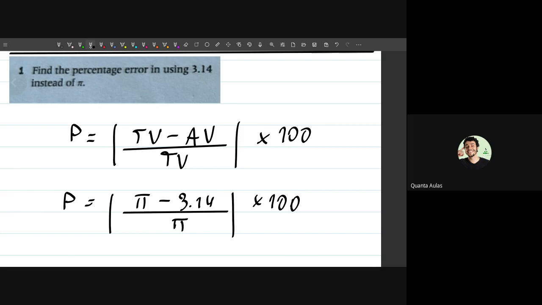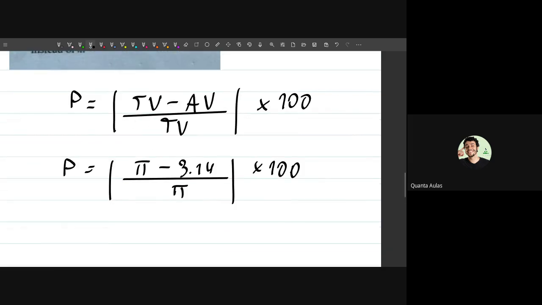If you are correct, I think you are, you can write this. I didn't do times 100 yet. So you have not done it yet, but okay, no problem. I will show you. 0.0. Okay.